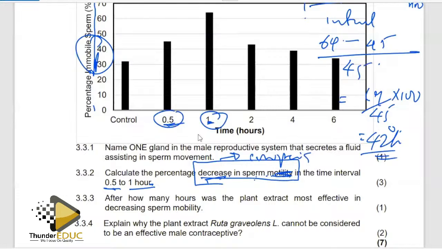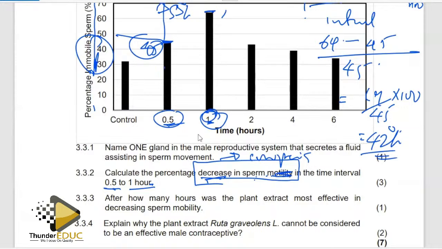Remember, this is immobility. At least here, 45% were not able to move, but I still have the 55% that are able to move. But at this hour, what happens here?